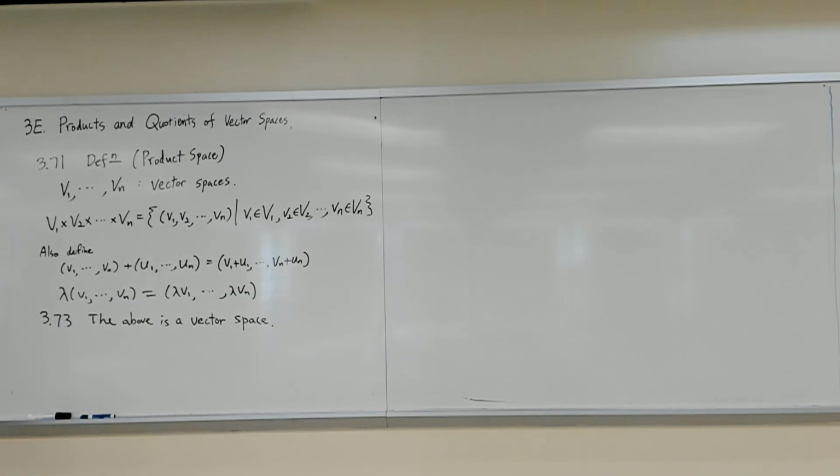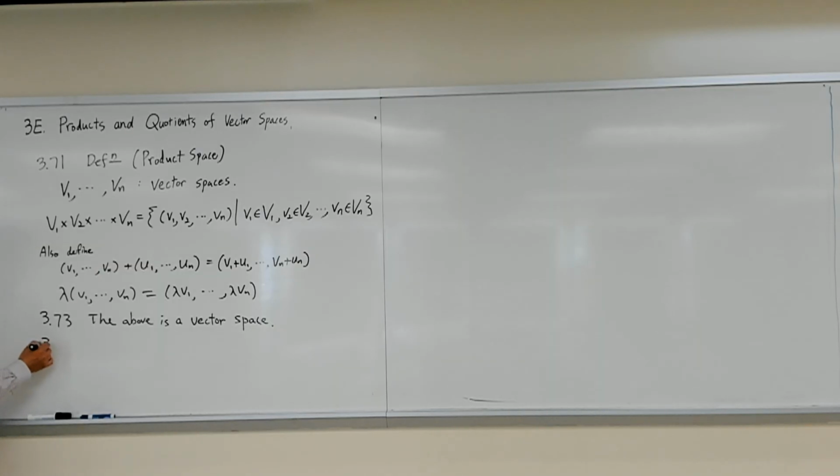It's just really boring. You just have to write everything, and almost everything is pretty straightforward. I can't see the real value of proving this, so we'll just accept that that's true. But instead, let's think about some examples.